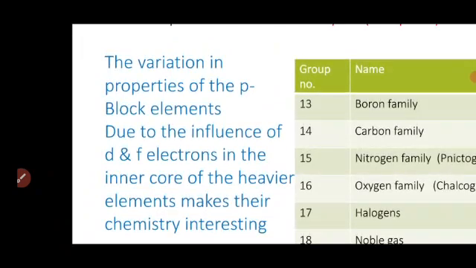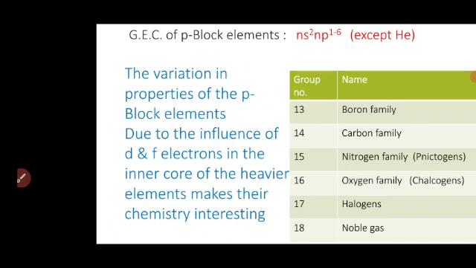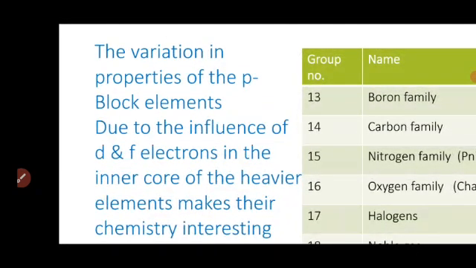Okay, now before going to study each name of the groups, we'll see one sentence. The variation in properties of P block elements is due to the influence of d and f electrons in the inner core of the heavier elements. Inner core means what? Inside. See, valence shell means last orbit or outermost orbit.